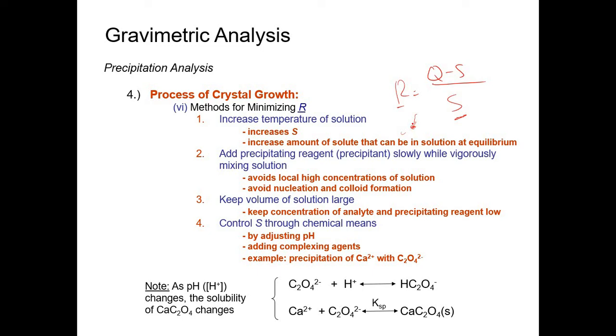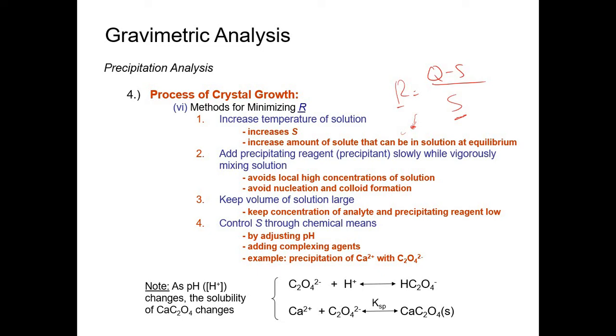For example, silver chloride: you're adding the silver reagent, then the silver will react with the chloride. It will not be surrounded by the spectator ions, so it will not create more nucleation. It could avoid nucleation, and therefore also avoid colloid formation.